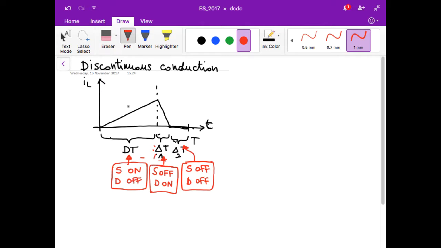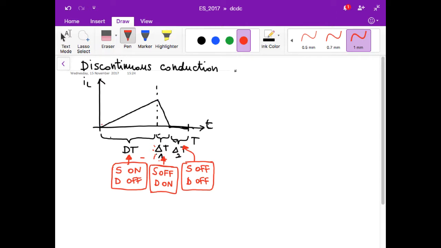So again, we can try to evaluate the average current in the inductor, connect it to the average current at the output, and relate it to D again. So let's do it in different conditions.